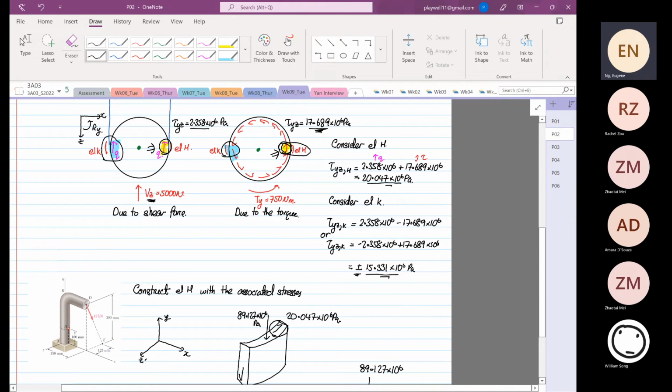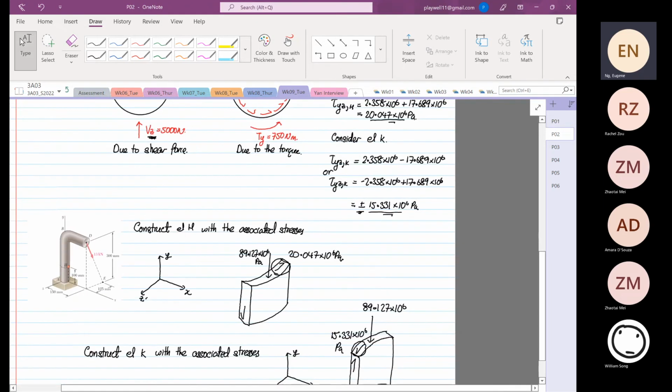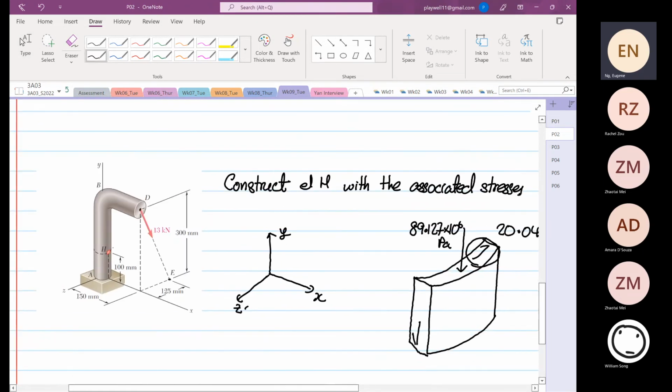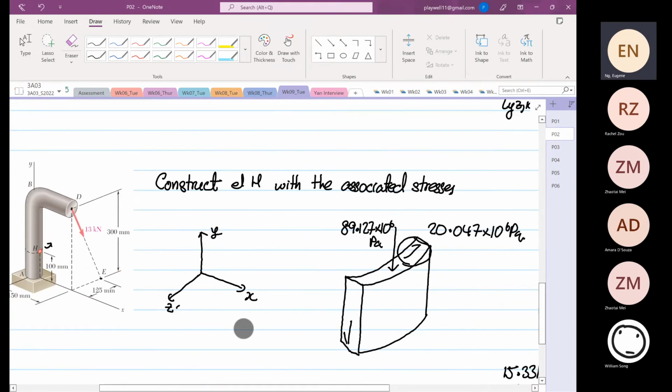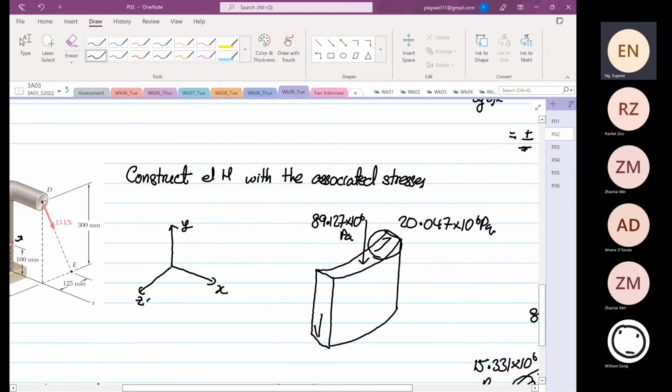If you look at those arrows, and I'm going to put it into this diagram over here, it is in this orientation. So that's why it's in this orientation over here.